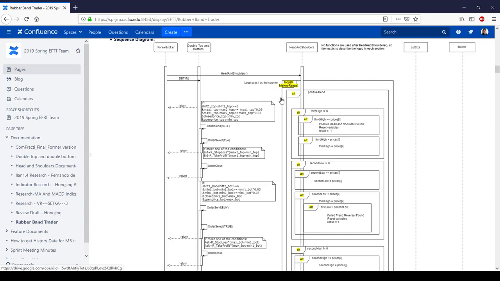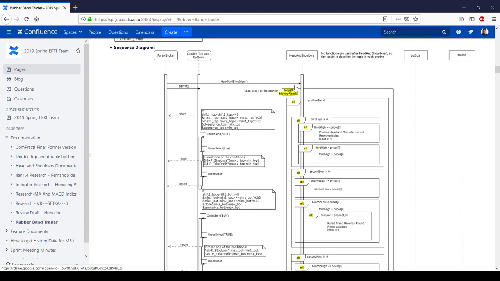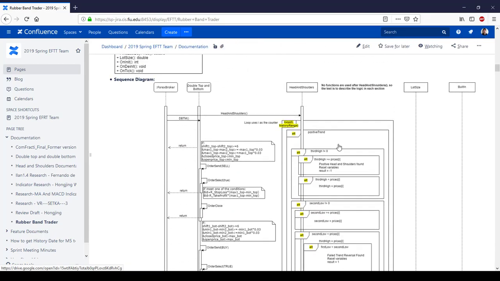Now, the sequence diagram has a portion for each of the algorithms. They are head and shoulders, double top and double bottom, and moving average. The head and shoulders portion you can see here.